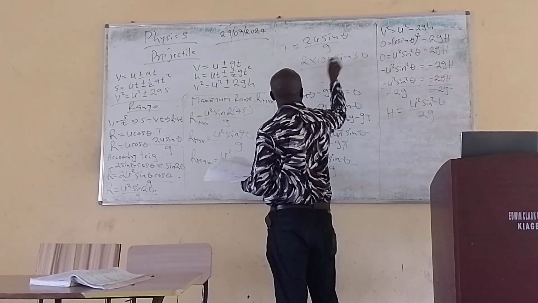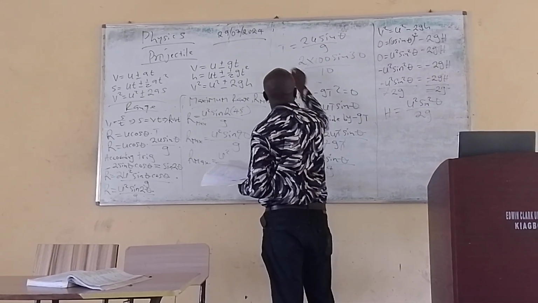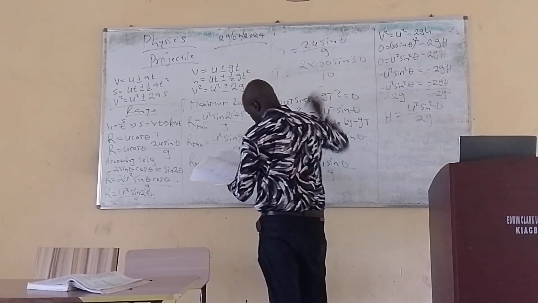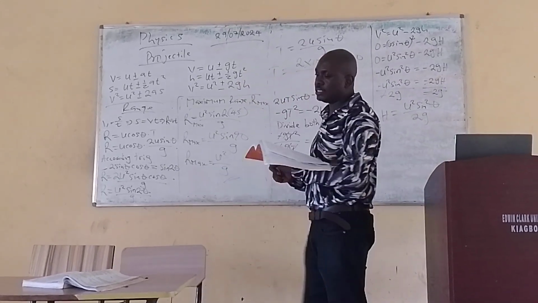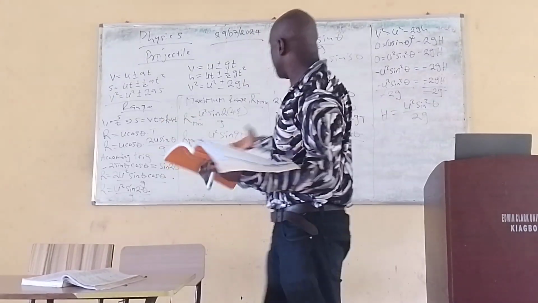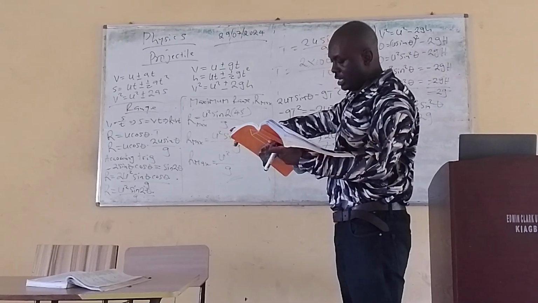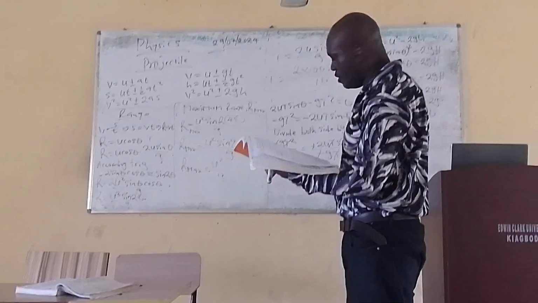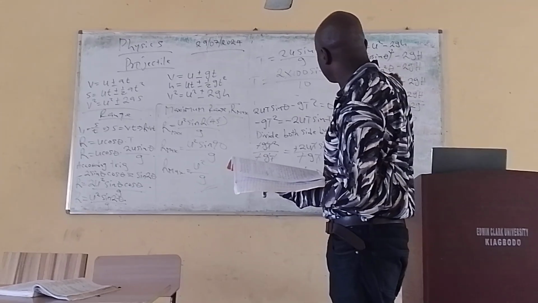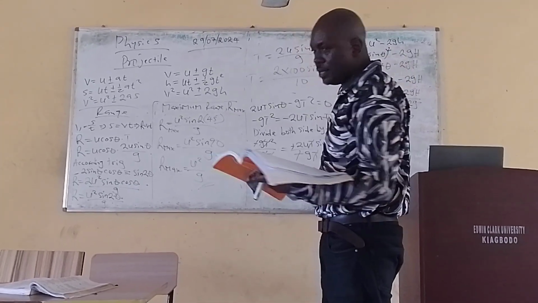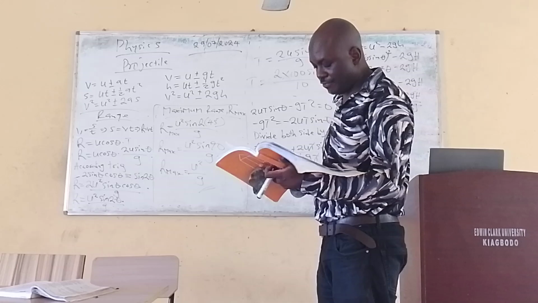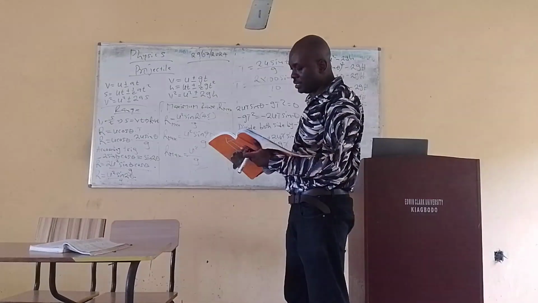Gravity is always 10 meters per second squared. Now if you calculate it, it will give us an answer. The same thing is applicable to the maximum height. Look at the formula there. You square it, you press sine squared angle 30. You get it. I hope all of you are following, right? Then you do the same thing for range.